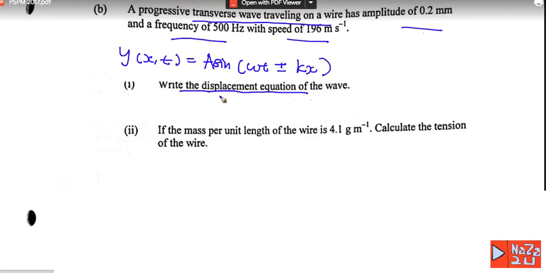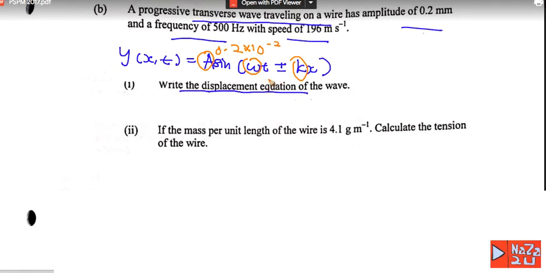To find the equation, you must know the value of omega, the angular frequency, the amplitude, and k. The amplitude is 0.2 millimeter, which is 0.2 times 10 to the power of minus 3 meter, converted to SI units.